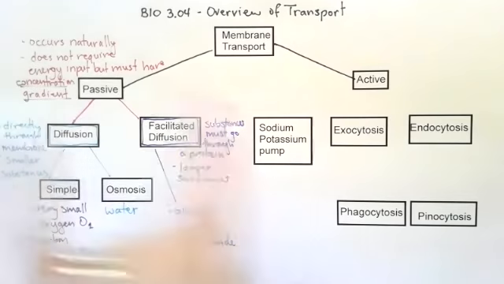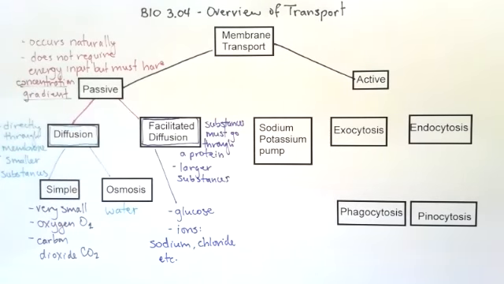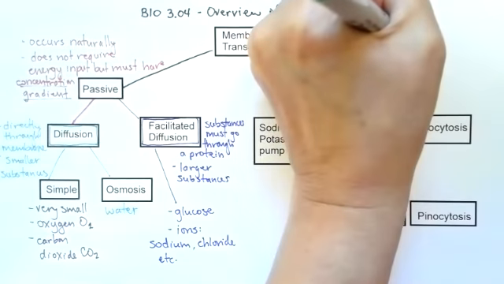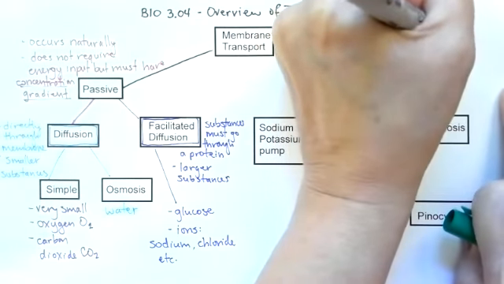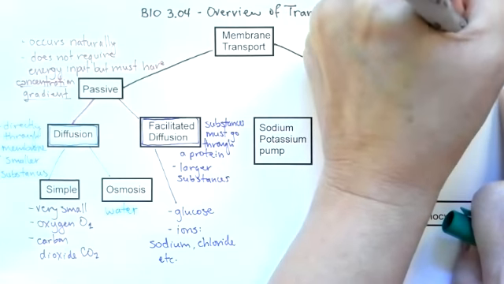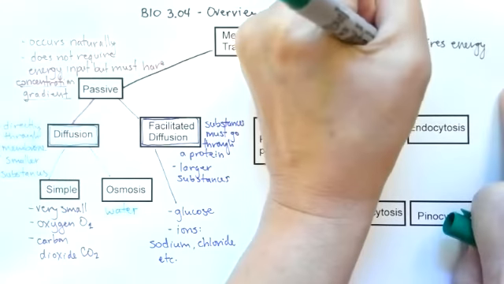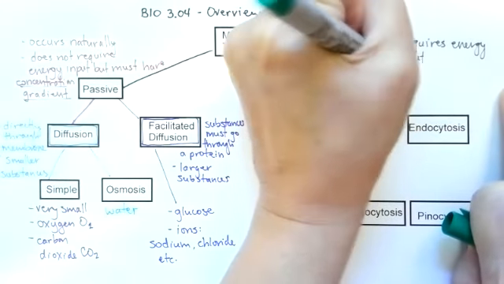All right, so we've got passive transport, active transport. Let's talk about the difference there before we close this out. So active transport requires energy input. And what's the energy we use?